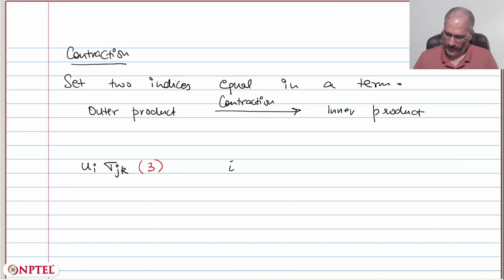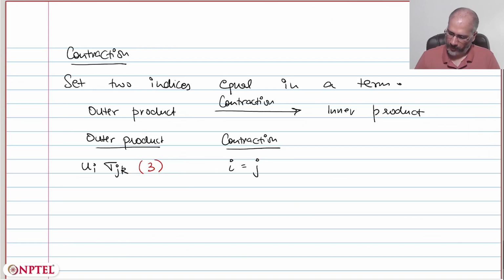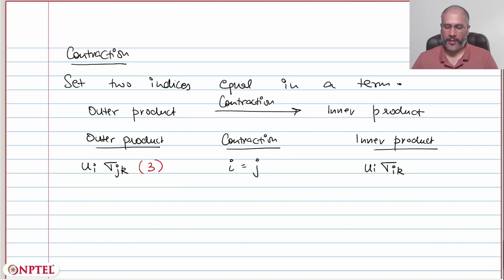So I perform a contraction where I say that the index i is equal to the index j. So that's a contraction, and this is the outer product. So what is the resultant inner product? When you put i equal to j, what you get is ui sigma ik. And let's find out the order of this expression. We have just one free index, that is k here. So the order of this is 1.